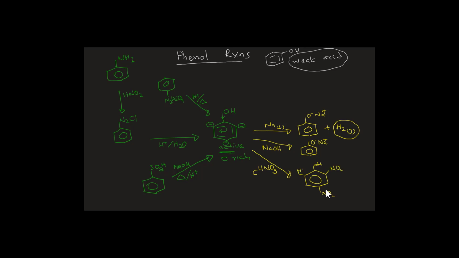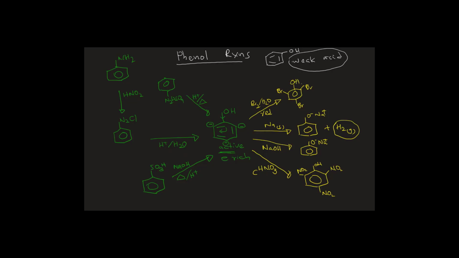Okay, now let's see the last one. That's the reaction with sulfuric acid. The sulfuric acid reaction on phenol will give you a para compound with a sulfonic group.